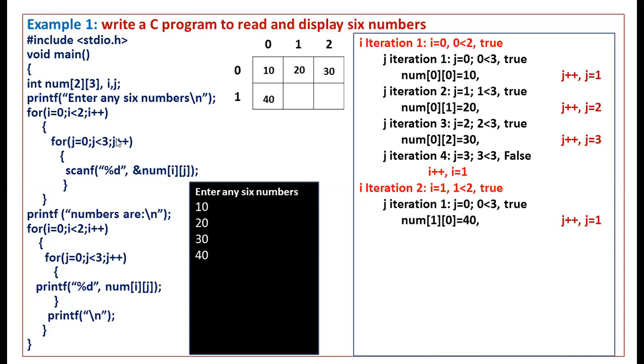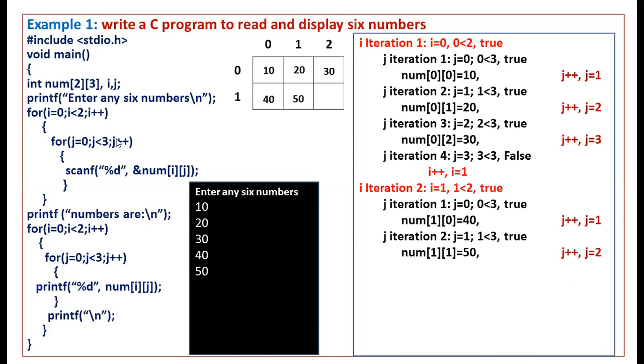J value is 1. The next iteration, j is 1, 1 less than 3, it is true. If it is true, scanf will execute. The entered element will be stored in num of i, j, num of 1, 1, 50. The 50 will be assigned to num of 1, 1.